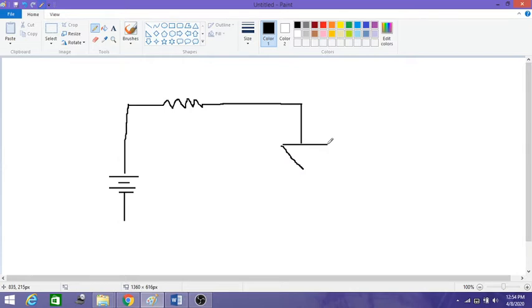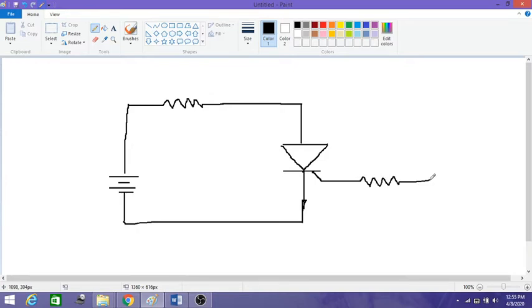There might be a load connected at this point, or we can directly connect this, and here we'll be connecting the current limiting resistor.